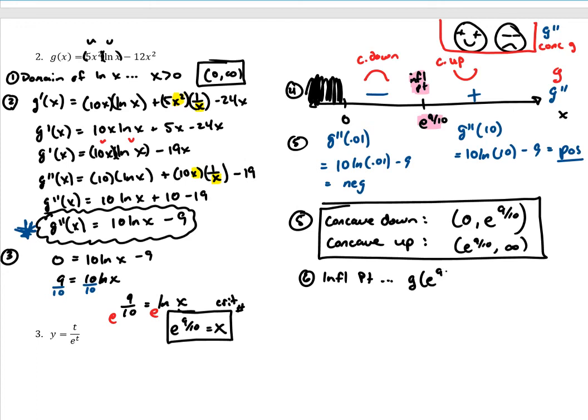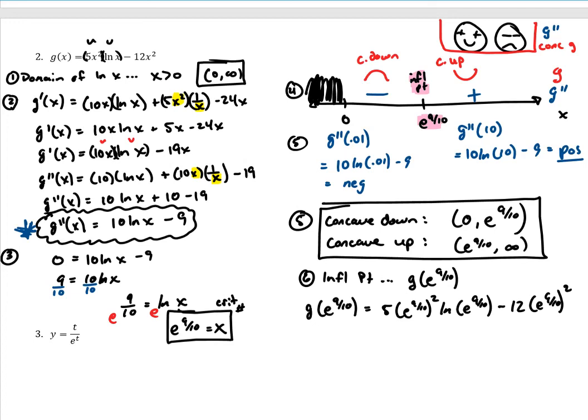So g of e to the 9/10 needs to be found. And so when I plug it into this function, let's put it over here, g of e to the 9/10 is 5 times e to the 9/10 squared, natural log of e to the 9/10 minus 12 e to the 9/10 squared.